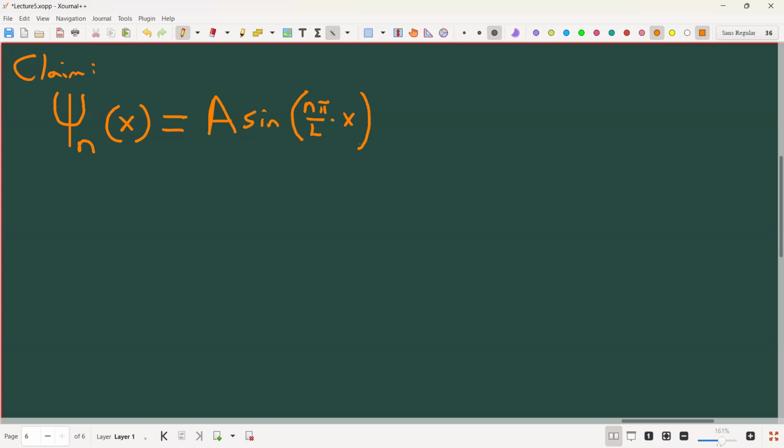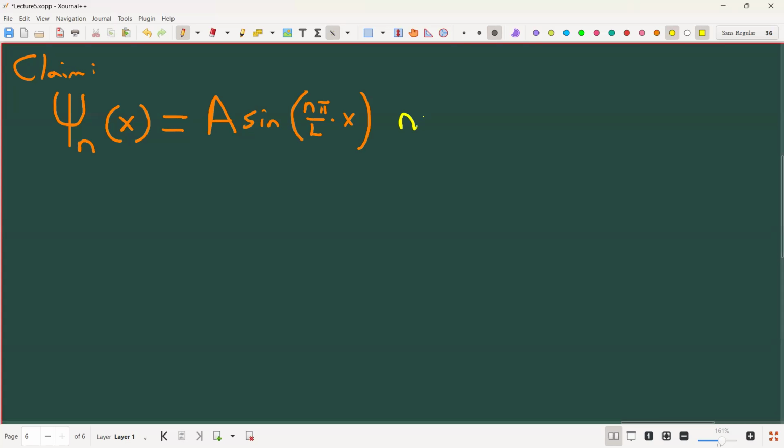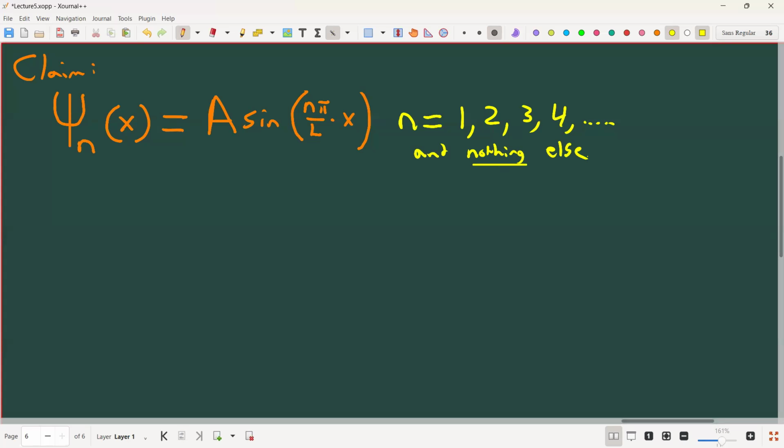Let's make sure this works. The important thing here is n is a positive integer. It has to be 1, 2, 3, 4, and so on, and nothing else. I should maybe say the absolute value, but let's just keep it to positives.